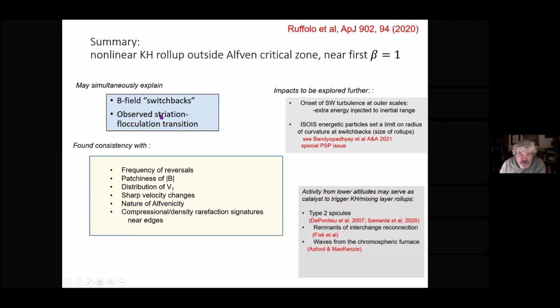Now, there's more to do to tie these together, but I think our hypothesis has passed the first test anyway.